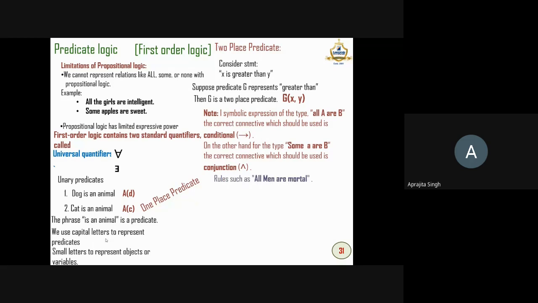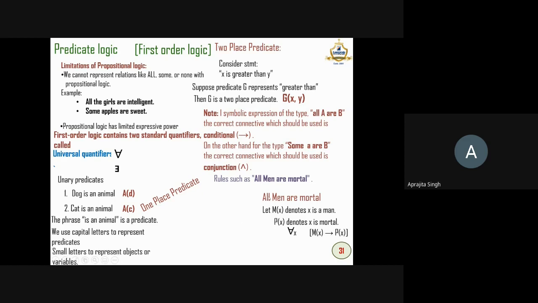Now suppose there is a rule: all men are mortal. For men we use capital M here, just as we used a predicate for is an animal. So men is the predicate M, and we are using P for mortal. These are the two predicates here. What is it saying?